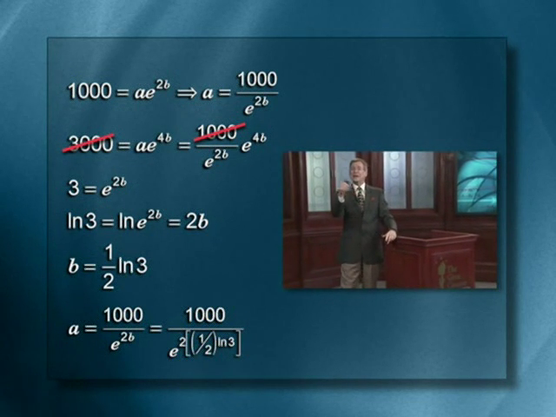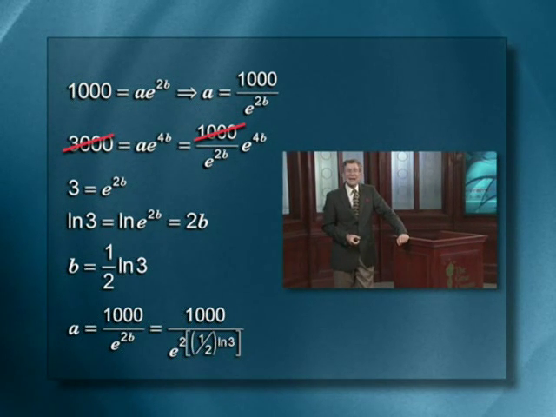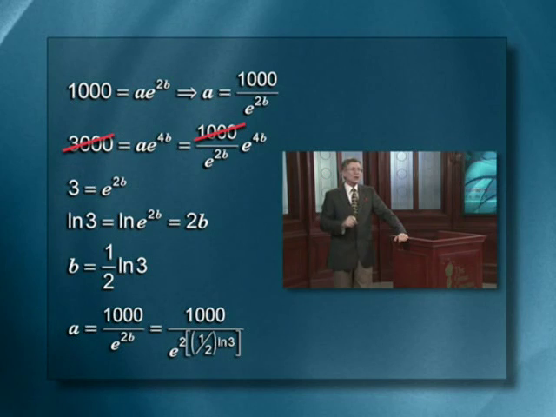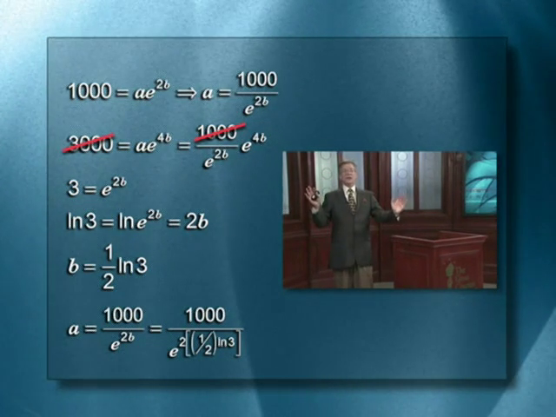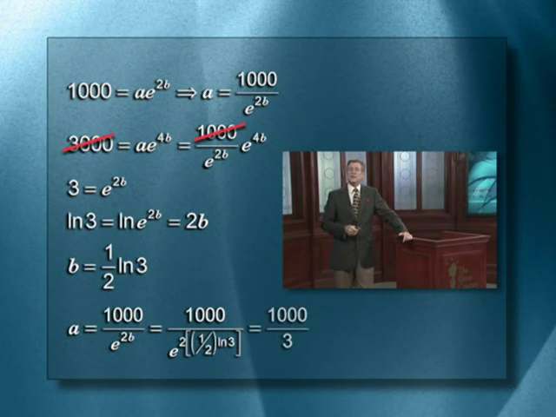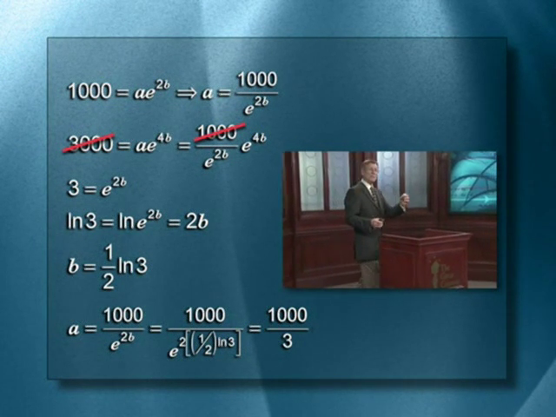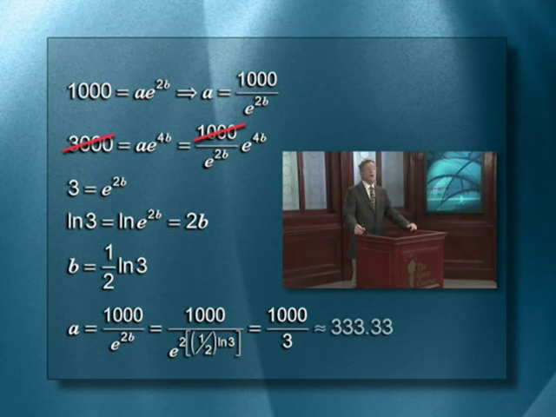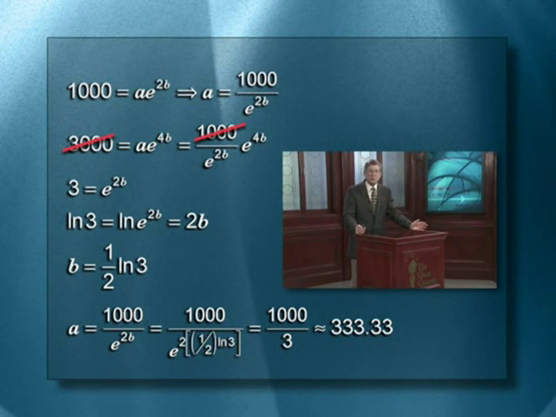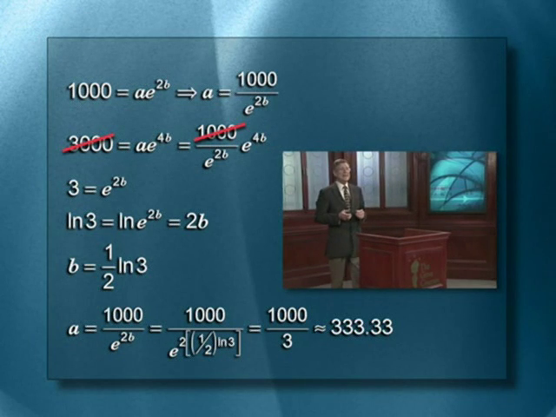The 2 and the 1/2 cancel, don't they? And you're left with e to the log 3. Oh, inverse functions. You're left with just 3 in the denominator. How pleasant. a is nothing more than 1,000 over 3, or approximately 333.33.